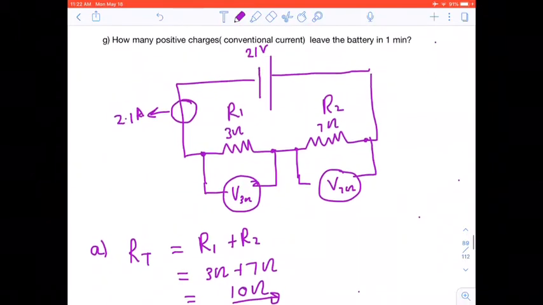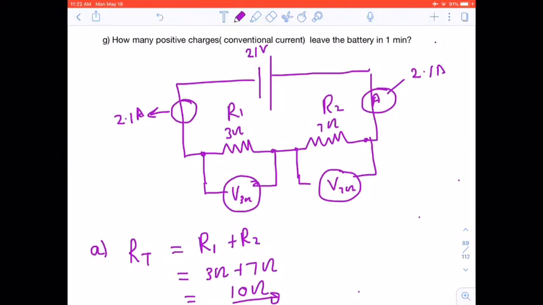If we decide to put our ammeter here, it also reads 2.1 amps. Even if I have it in between these resistors, it's also going to read 2.1 amps. It's the current in the entire circuit.